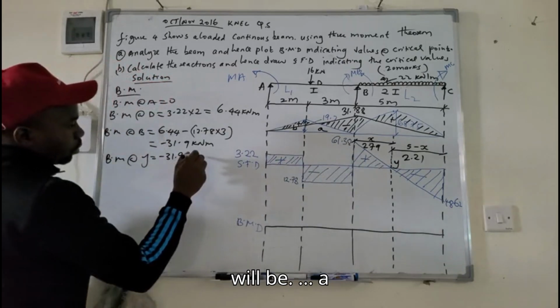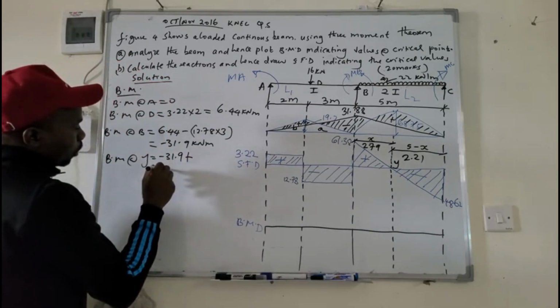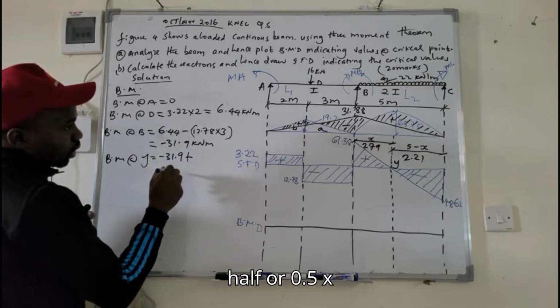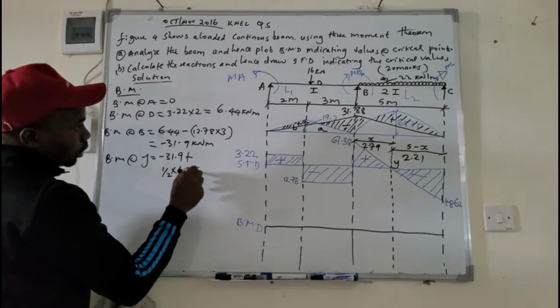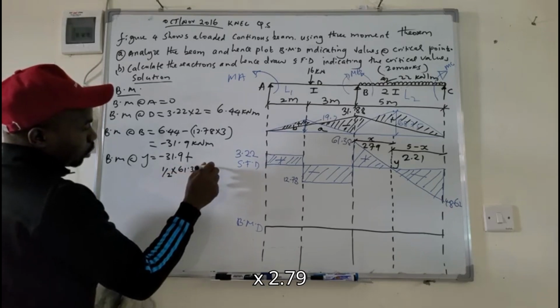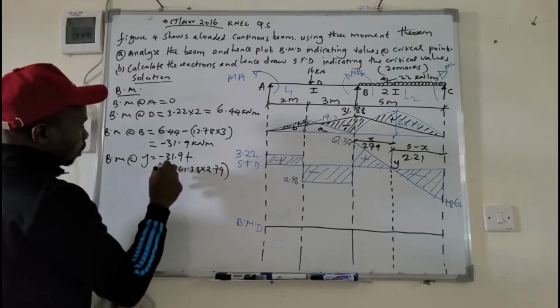So that one will be 0.5 times 61.38 times 2.79.